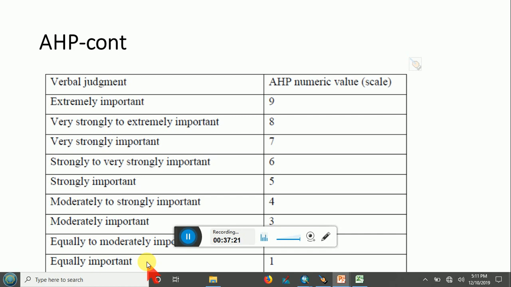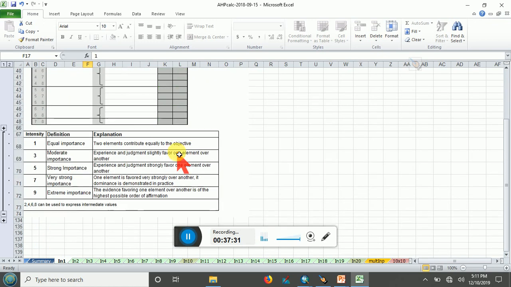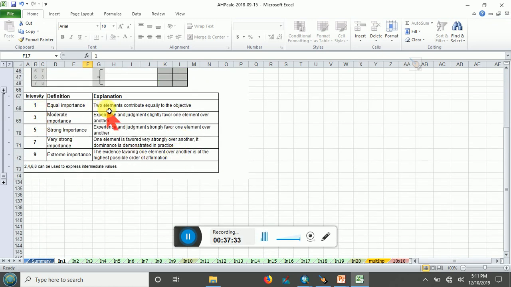It means rainfall is equally important to the other factors for groundwater potential zonation. Do you understand that? And in this Excel also you have the same. That means 1 means equal importance, 3 is moderate, 5 is strong, and 9 is extremely important. So we will give 1, 2, 3, 5, 7, 9.